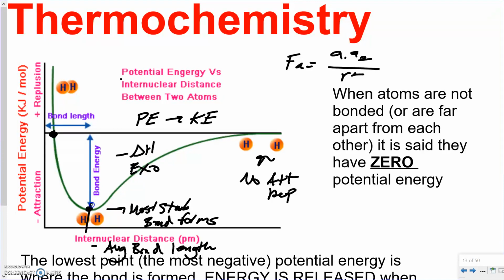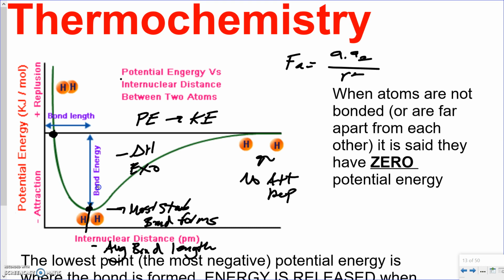Now keep in mind it's a little bit more complicated than that, because a lot of times we're dealing with reactions where bonds are breaking and bonds are forming, and there's a balance to how much energy is required to break the bonds and how much energy is released when bonds are formed. So when we talk about a reaction being exothermic or endothermic, we're talking about both processes put together and looking at the net energy gained or lost in a reaction.